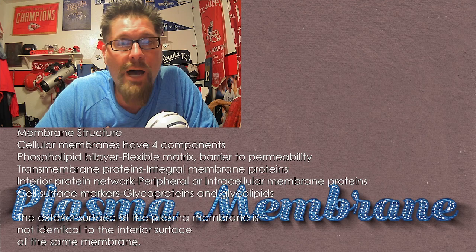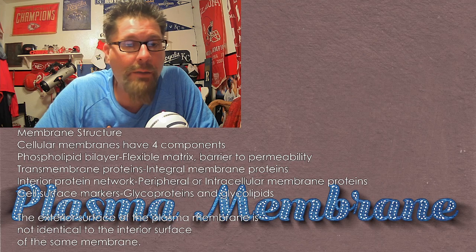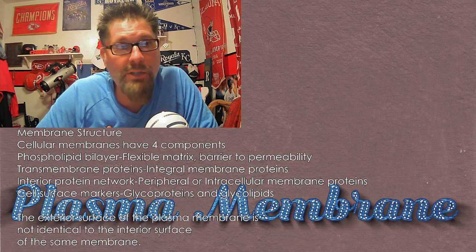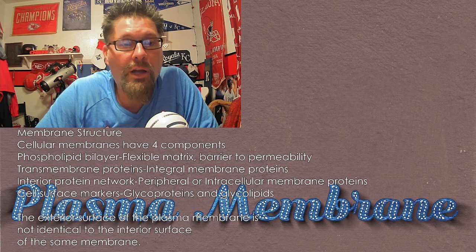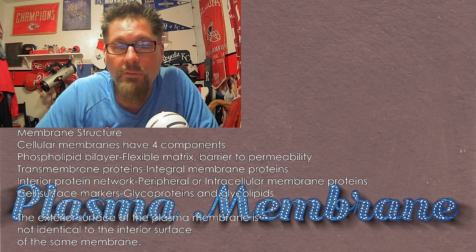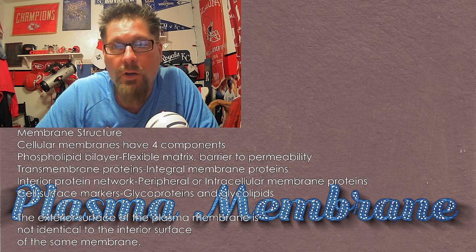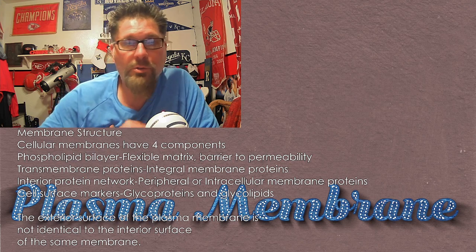The top layer, or the one that faces the outside of the cell, is not the same as the layer on the inside of the cell. We talked about cytoskeleton and extracellular matrix in our last video series. Those create some differences. The different proteins, there won't be any glyco stuff on the inside, so it's not identical on the outside as it is on the inside.